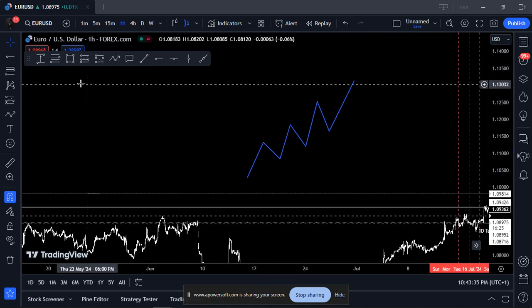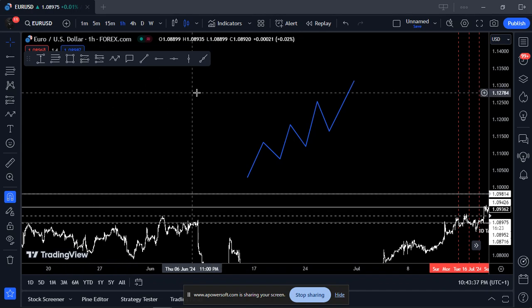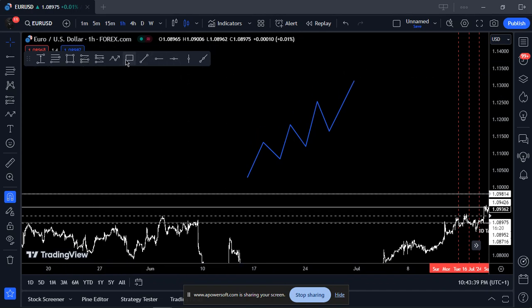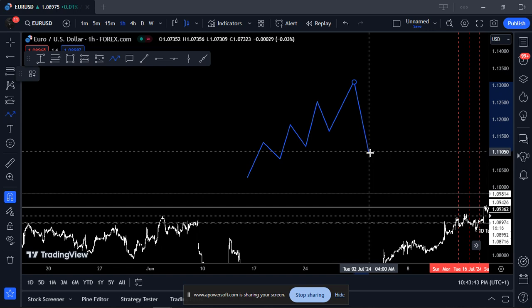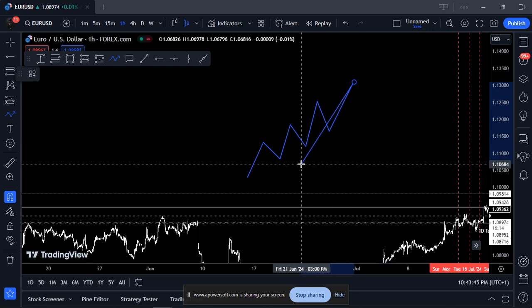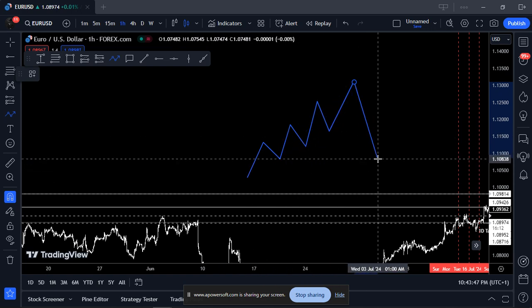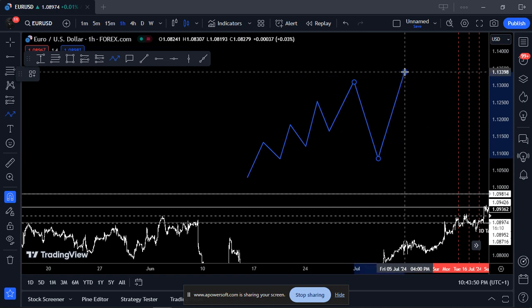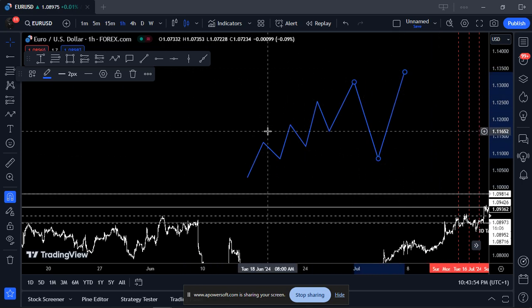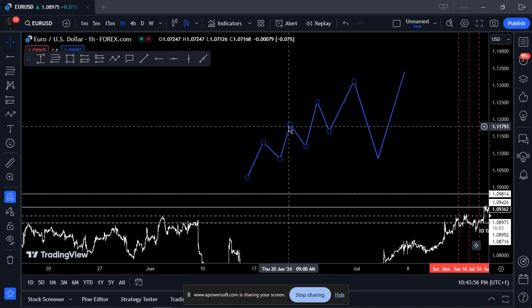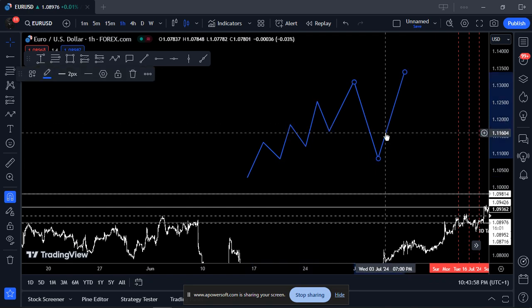Then the inducement phase consists of the inducement start that takes liquidity but doesn't take the extreme, then the close. So this is our inducement entry. I believe if you have gone through the PDF, you understand it very well.